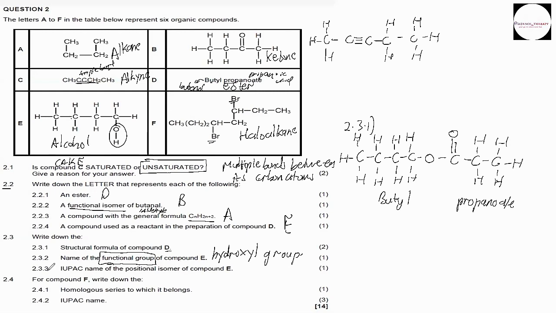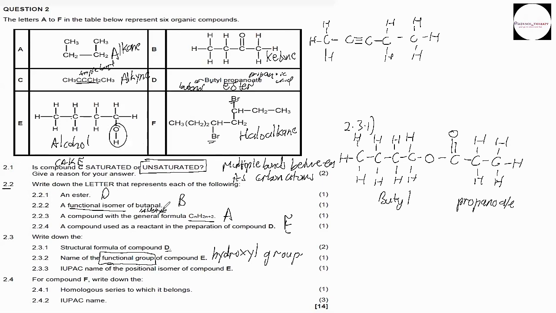And then 2.3.3 says IUPAC name of the positional isomer of compound E. The positional isomer. What is a positional isomer? Compound with the same molecular formula, but different position of the functional group. So in order to make a positional isomer out of E, we only need to shift the position of the hydroxyl group to carbon number 2 here.